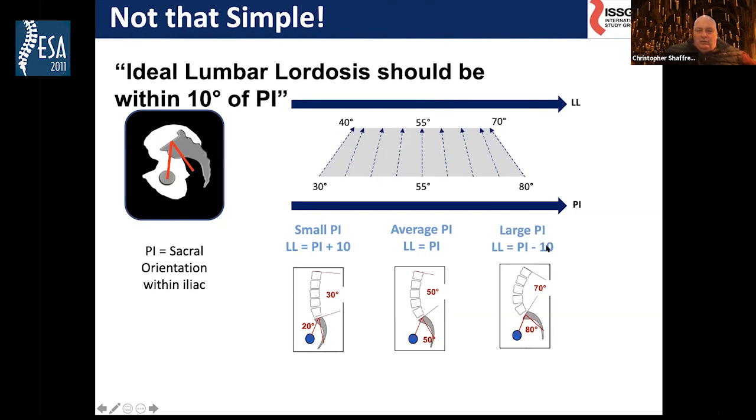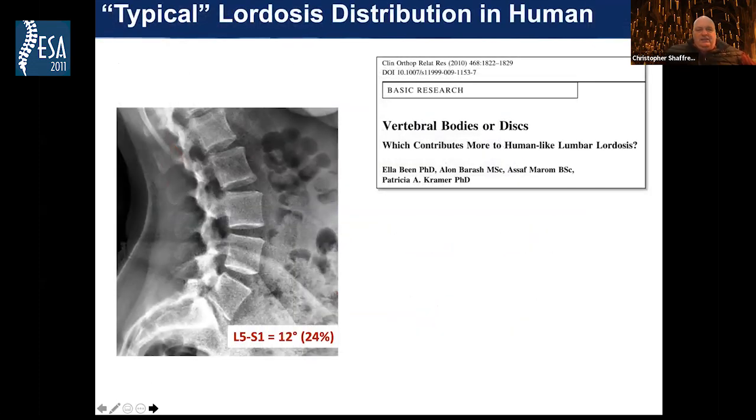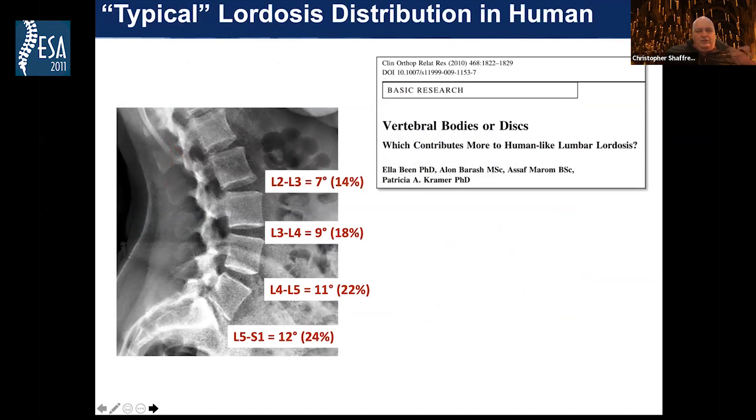And again, part of the reason is the distribution of the lordosis depends upon the discs and depends upon the vertebral body shapes. But overall, you want about 2/3 of the lordosis in the lower lumbar spine. As you can see here, the 66%, 2/3 of the lordosis.